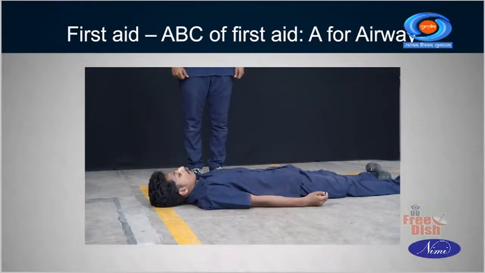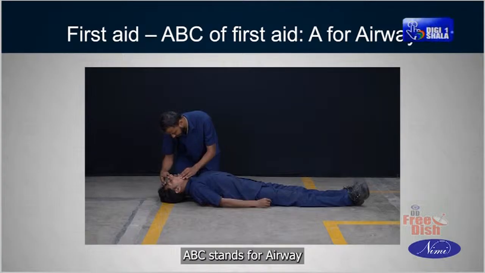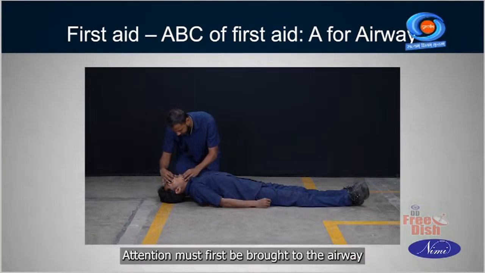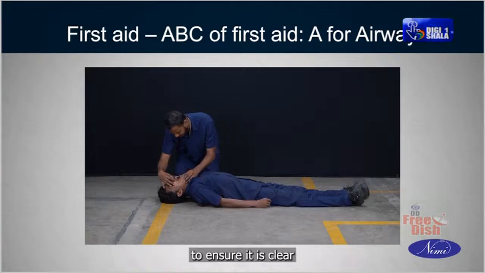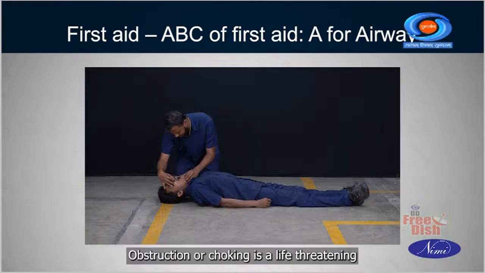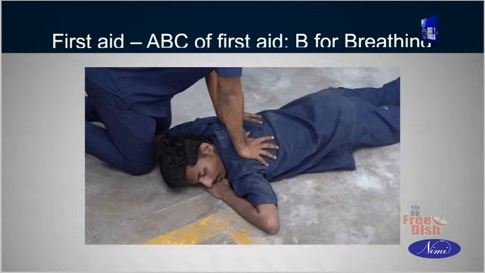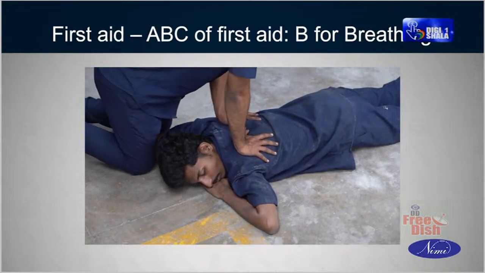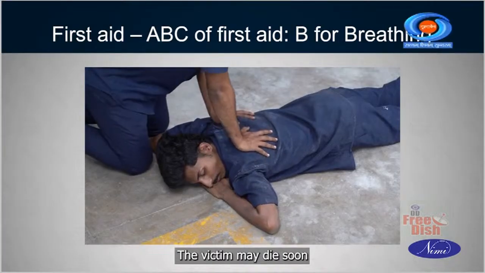ABC of first aid. ABC stands for airway, breathing, and circulation. Airway. Attention must first be brought to the airway to ensure it is clear. Obstruction or choking is a life-threatening emergency. Breathing. If breathing stops, the victim may die soon.